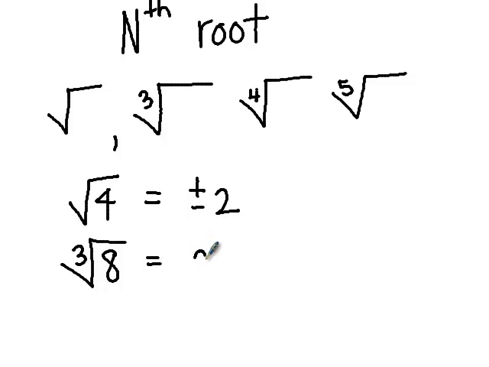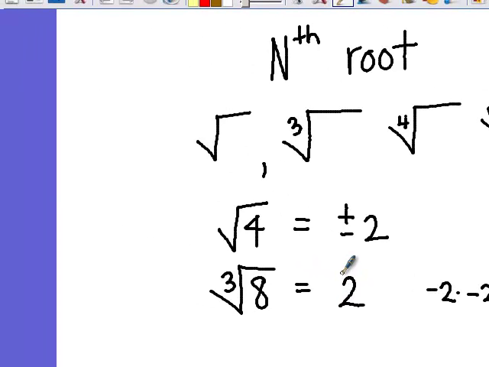And in this case, it'll only be a positive 2. Because if we multiply negative times negative, that's a positive, times another negative, that would give us a negative under here. So it would not make sense to put a plus minus. This would be just a plus 2.